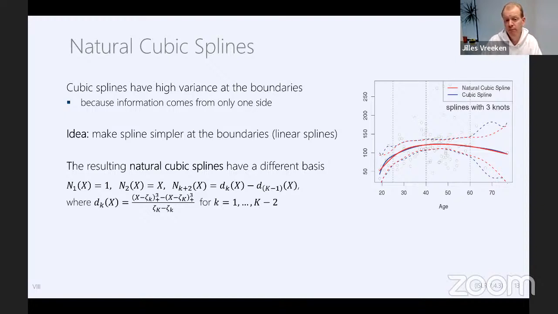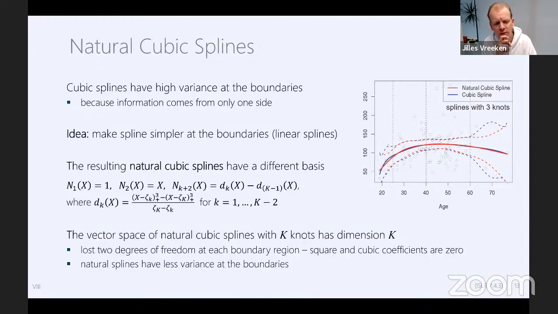Now, these naturally have slightly different basis functions, which I show here. I'm not going to go into detail because that is not so important right now for the story. We can think about what the dimensionality of the thing is. Well, natural cubic splines have lower dimensionality at the end, so k knots gives a dimension of k.